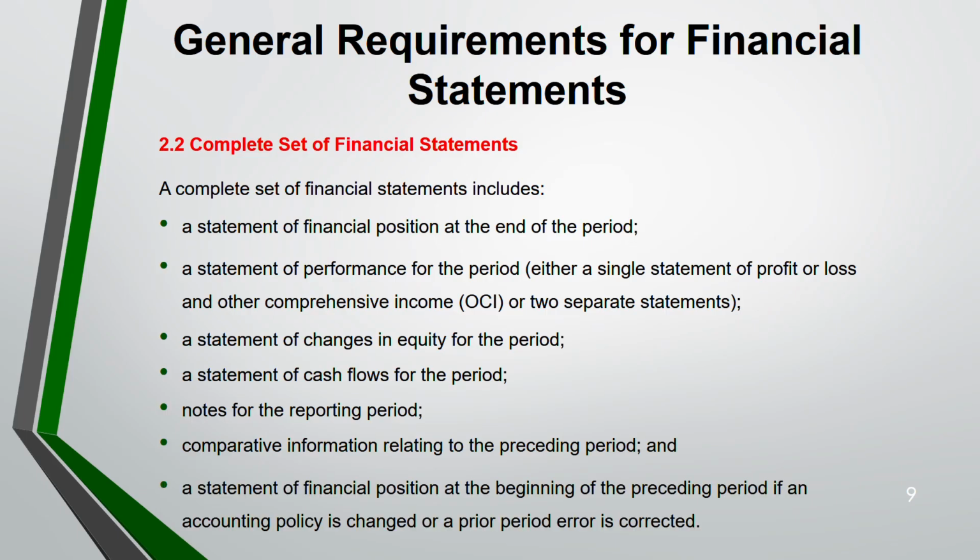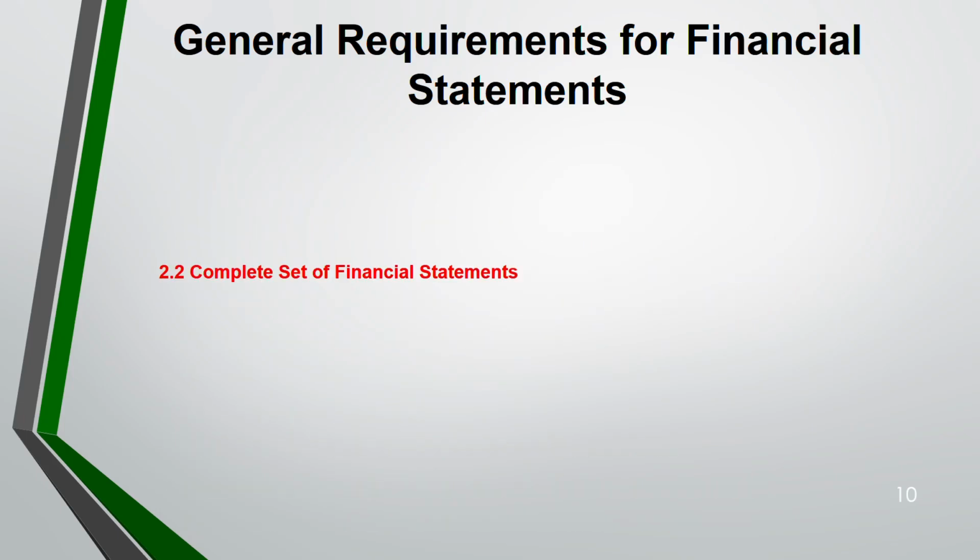Next, statement of financial position at the beginning of the preceding period, if there is a change in accounting policy or there was an error that is corrected. That time, you have to take the beginning of the year before that. Then, they are referred to as primary financial statements.